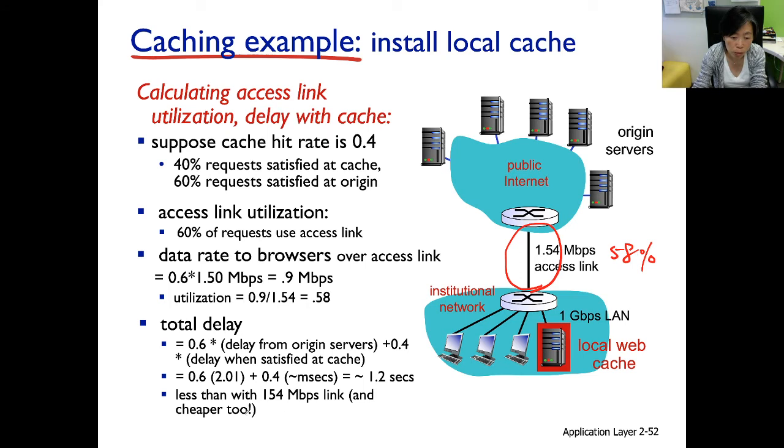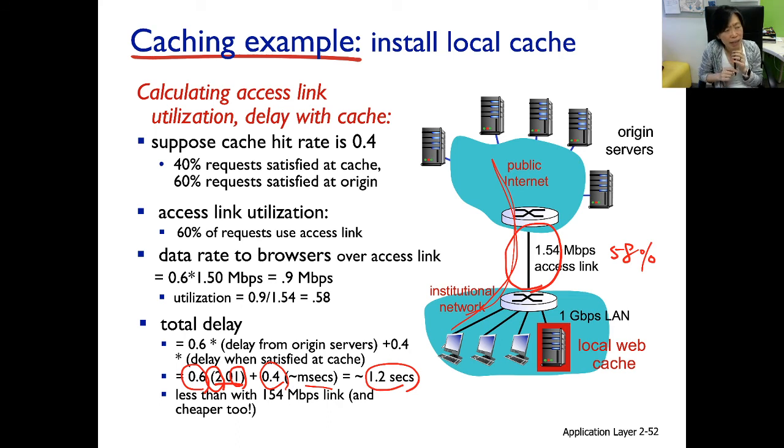I'm trying to be a bit generous here and use only 10 milliseconds. So the total delay here is about 2.01 seconds, and 60% of that plus 40% of milliseconds. The dominating component is the 2 seconds. So you see here, the overall total delay on average is going to be about 1.2 something seconds.